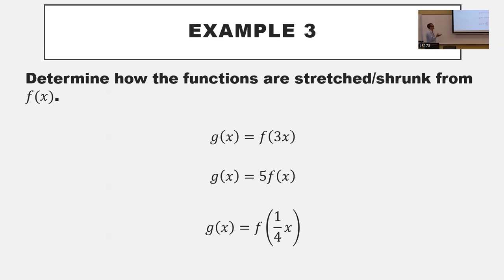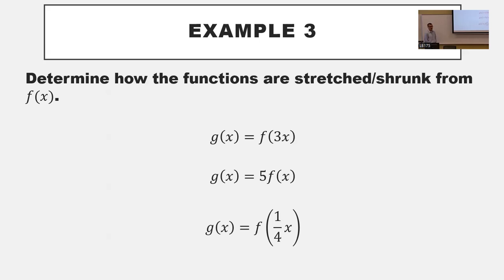So let's take a look at this without any base or toolkit function. Just an arbitrary function f of x. And if I have g of x is equal to f of 3x, then I know that is going to be a horizontal shrink by a factor of 3.